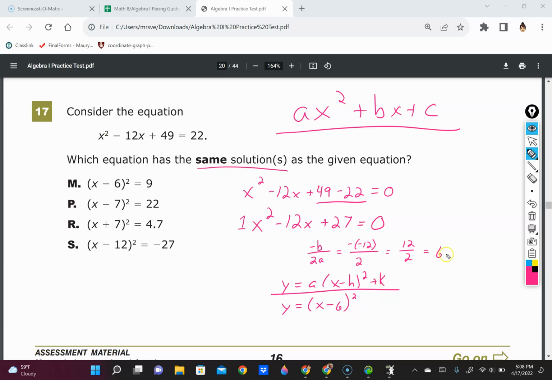And then for the k, I'm going to take my 6 and plug it back into the equation. So I've got 6 to the second power minus 12 times 6 plus 27. Work all that out. 36 minus 72 plus 27 simplifies to negative 9.